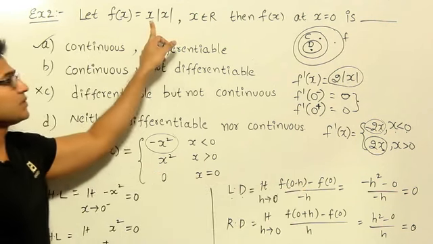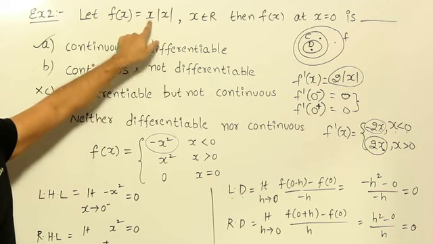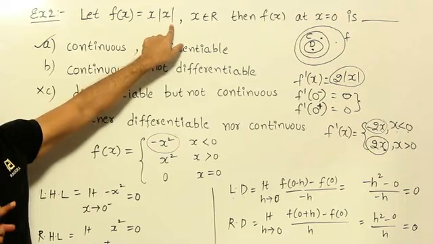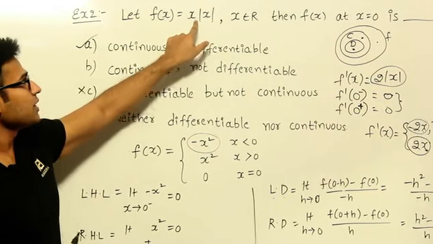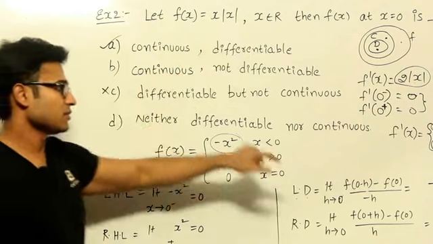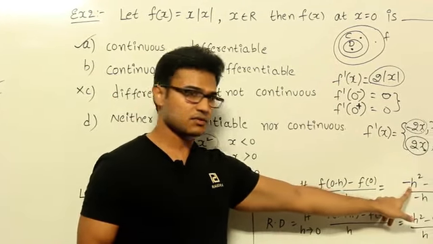So it is going to be minus h into mod minus h. Mod minus h is going to be h only, and outside there is minus h, therefore minus h into h is going to be minus h square. So you got minus h square, right?